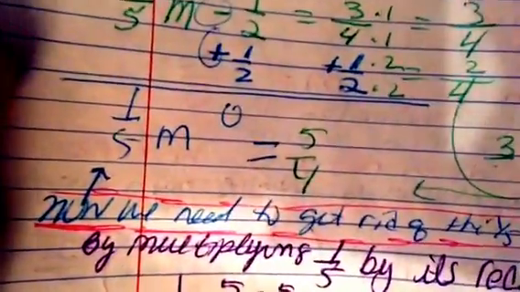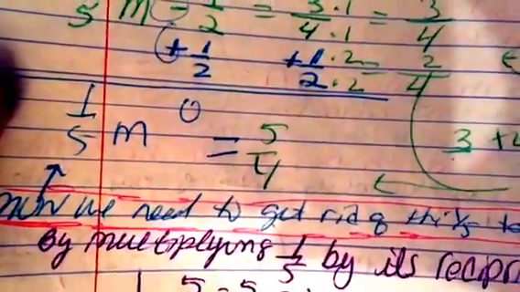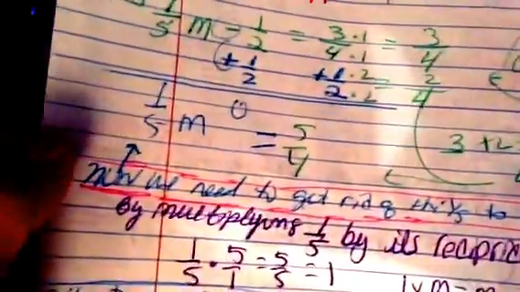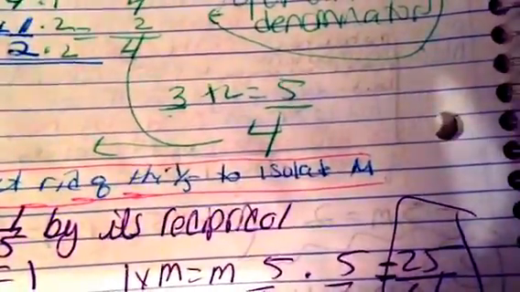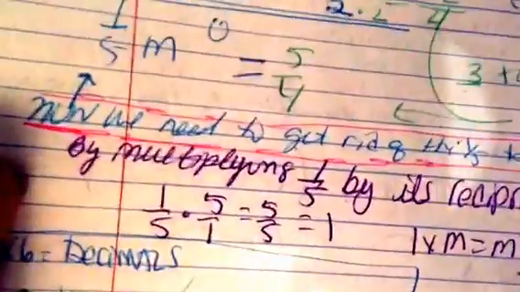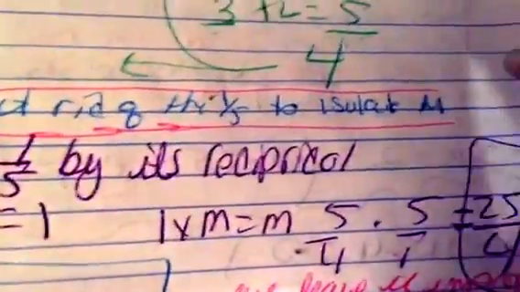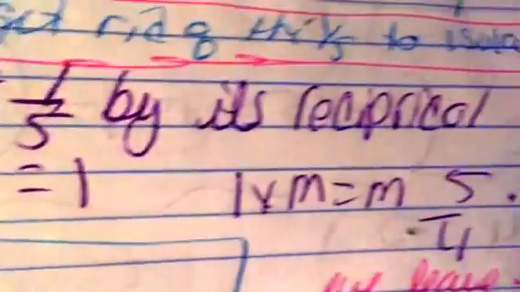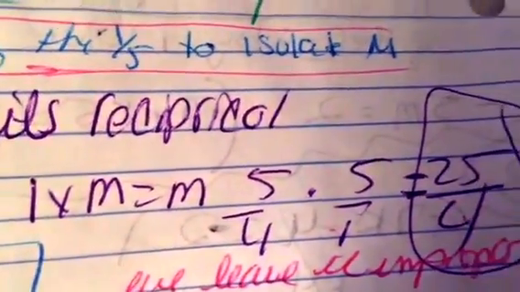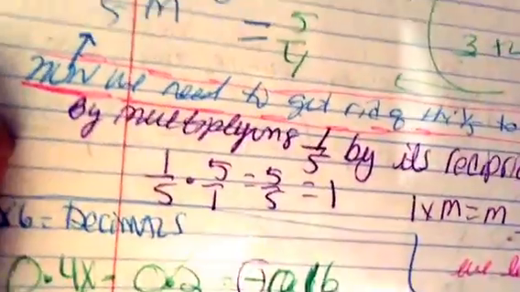So we have 1/5 m equals 5/4. Now, we just need to get rid of this 1/5 to isolate m by multiplying by its reciprocal. We leave this improper.